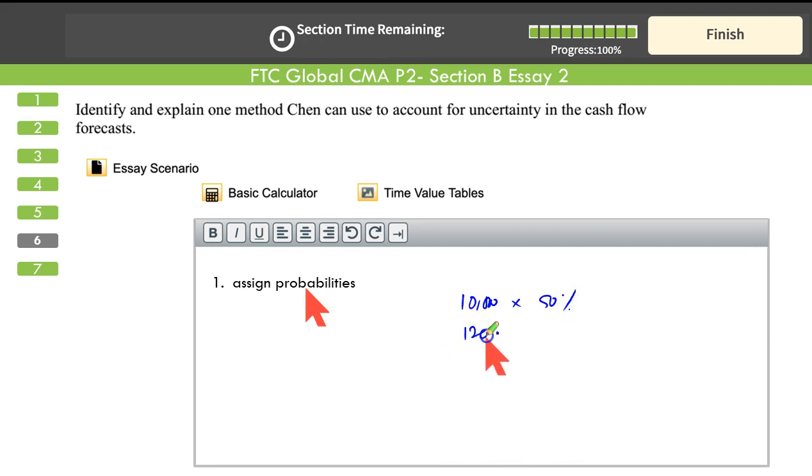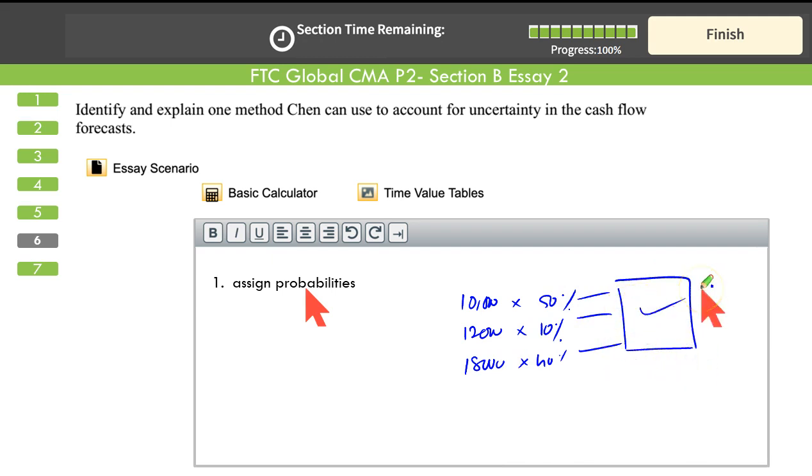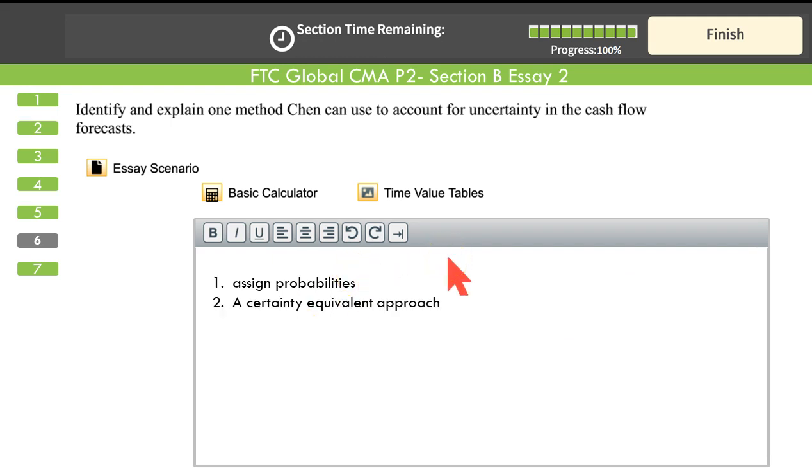Cash flows can be 12,000, that is 10% probable. Cash flows can be 18,000, that is 40% probable. So he can construct an expected value model using the probability distribution, and he can come up with the expected cash flows.